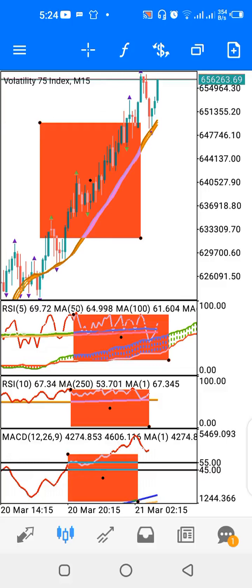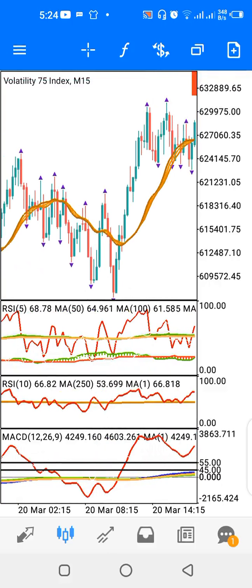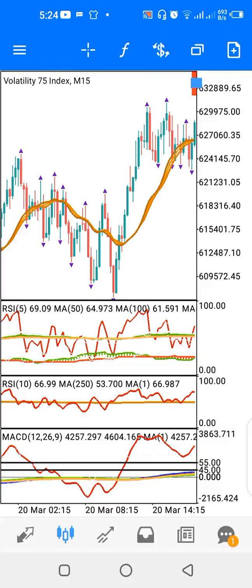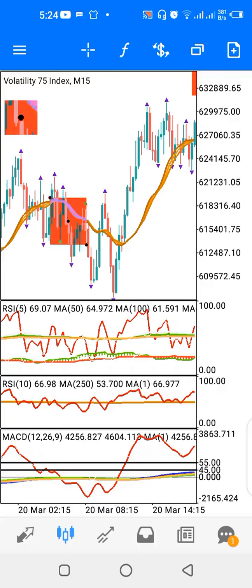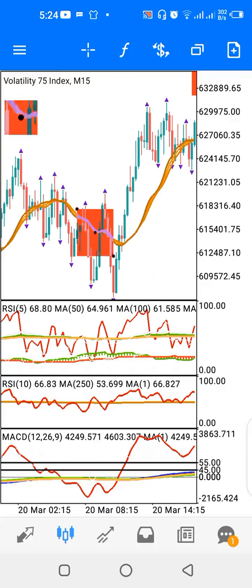All right, now the way the strategy works is when price crosses the moving averages around here. Like it did cross. If you see this particular part, you can see price crossing up and down, up and down.